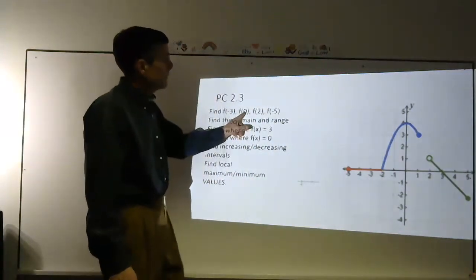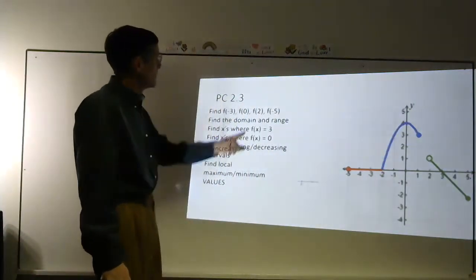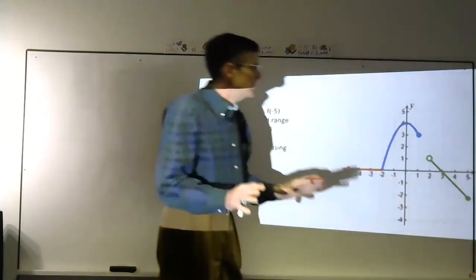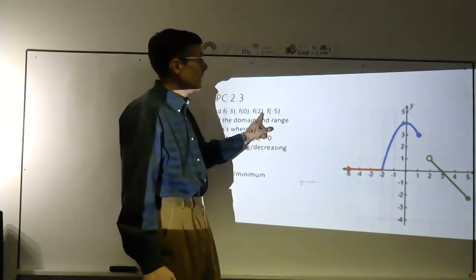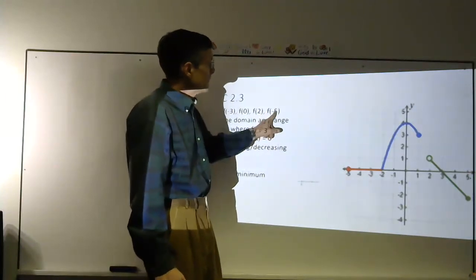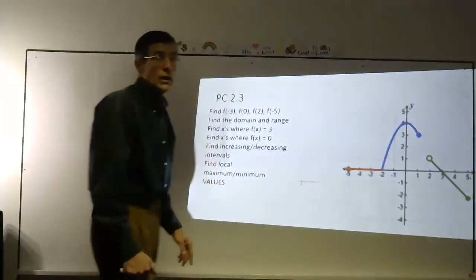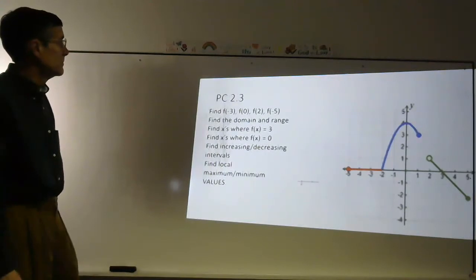Okay? F of 0. The function takes 0 up to 4. F of 2. F of 2 is undefined. Whoa. There's no value for f of 2. F of -5. Where does -5 go? Stays at 0. Y value of 0.